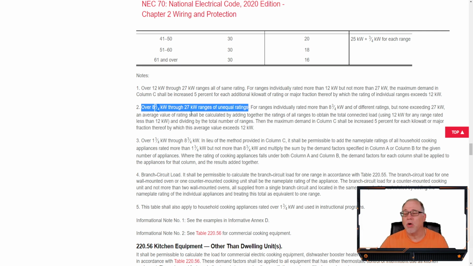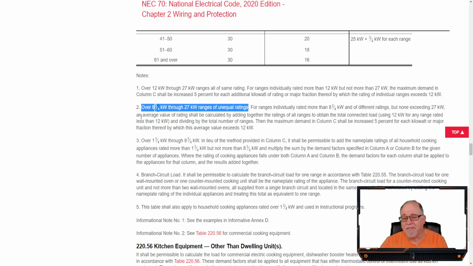Now, all of ours were unequal value. So we're firmly in Note 2. So let's look at this, and then we'll see how this applies. It says for ranges individually rated more than 8 3/4, and all of ours are, and of different ratings, which they are, it says, but none of them exceed 27 kW, which none of them do.